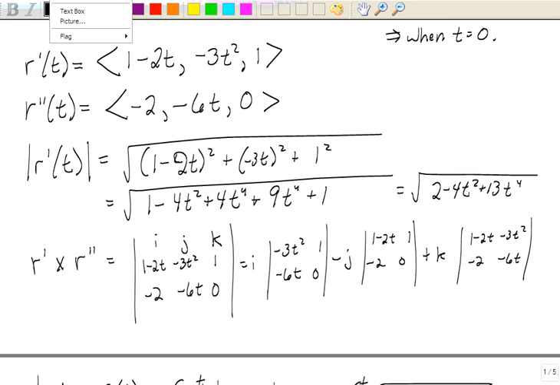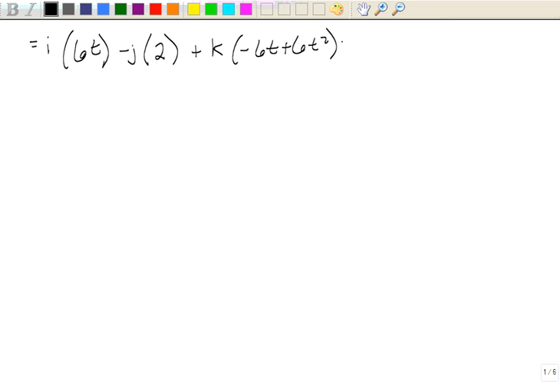And that's going to be i times 6t minus j times 0 plus 2 plus k times minus 6t plus 6t squared.